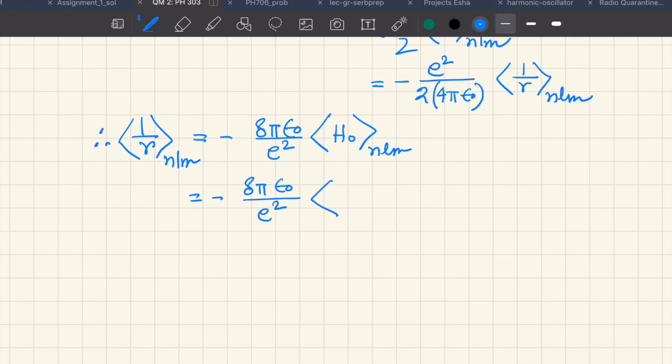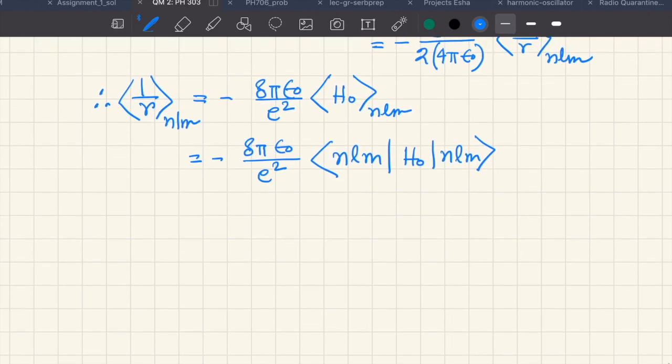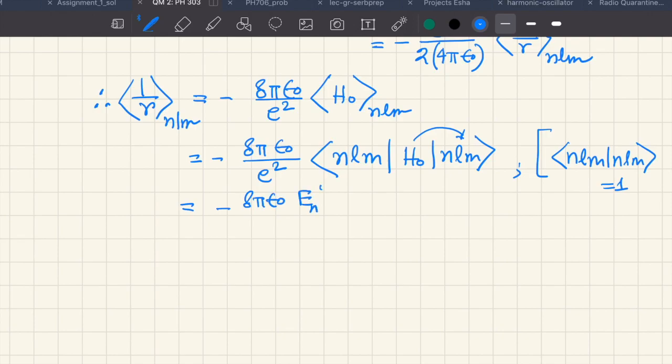So this is nothing but NLM H naught NLM, or psi NLM, whatever notation you want to use. H naught acting on this gives us E N naught times NLM, and the inner product of NLM with itself is 1, the normalization condition. So this whole thing gives us minus 8 pi epsilon naught E N0 by e squared.